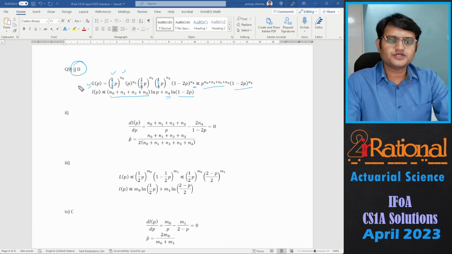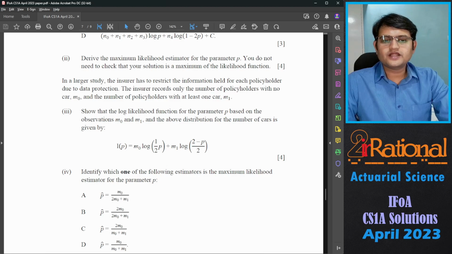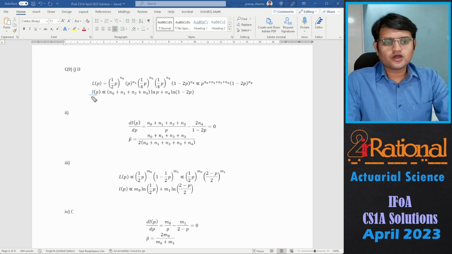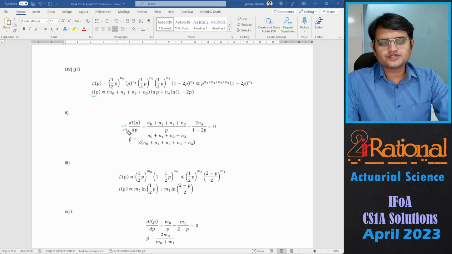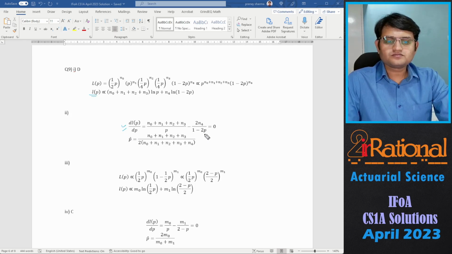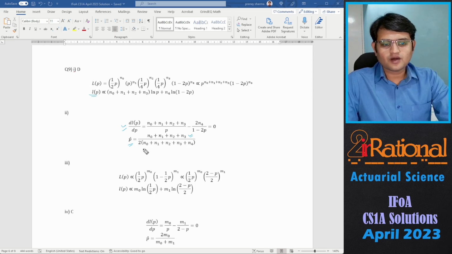That is option D. Second part, derive the maximum likelihood estimator for p. You don't need to check that your solution is the maximum likelihood function. So we have our log likelihood, differentiate that with respect to p and solve it. We get p hat as (n0 to n3) upon 2 times (n0 to n4).